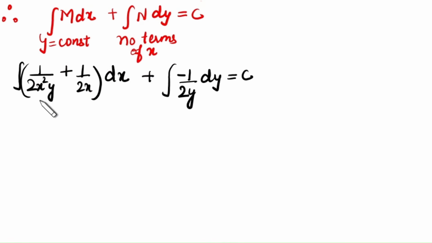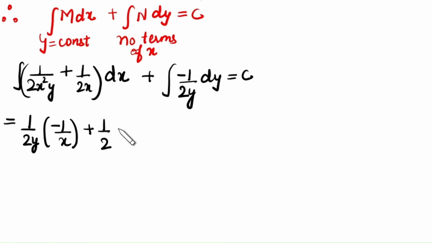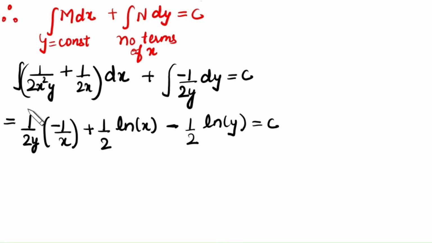Now integrate with respect to x: 1/(2y) outside because it is constant. Integration of 1/x² is −1/x, plus 1/2 outside, integration of 1/x is log x, minus 1/2 outside, integration of 1/y is log y, is equal to c.